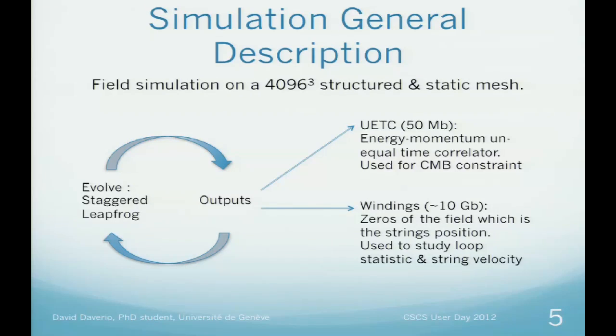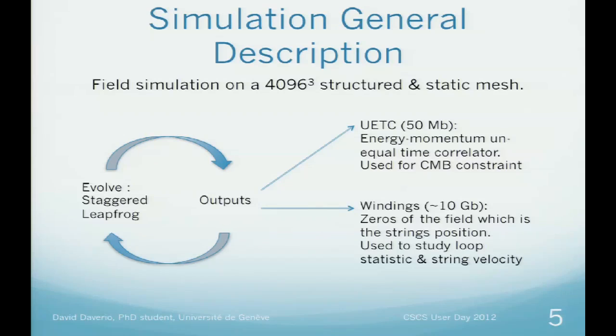The basic idea is we evolve the field with a staggered leapfrog, and we have two outputs. What we call the UETC, the energy momentum unequal time correlator. This is what we use to make CMB predictions, or the CMB constraints due to the cosmic strings.